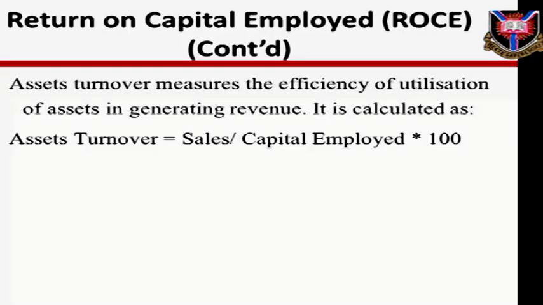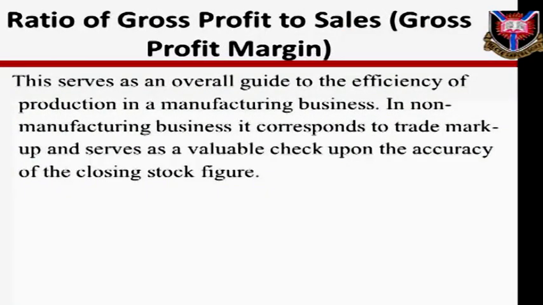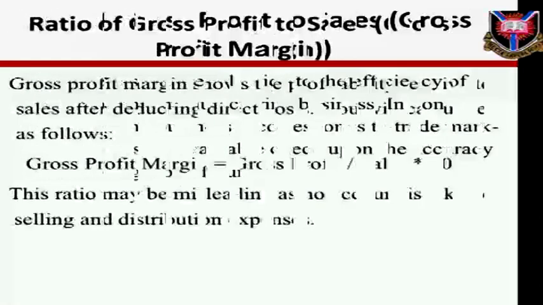being efficient. Ratio of gross profit to sales. This serves as an overall guide to the efficiency of production in a manufacturing business. In a non-manufacturing business, it corresponds to the trade markup and serves as a valuable check upon the accuracy of the closing stock figure.